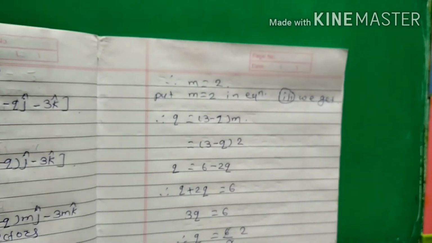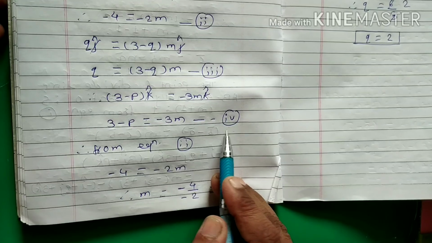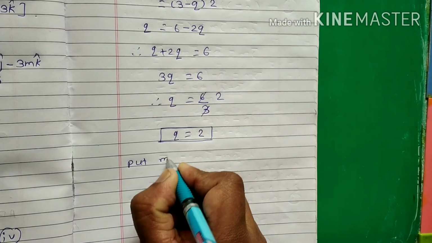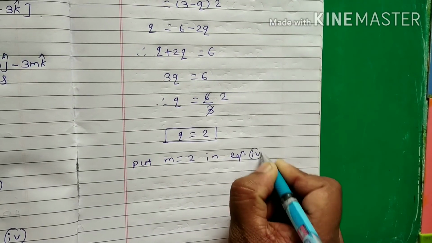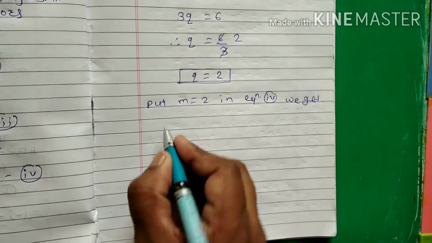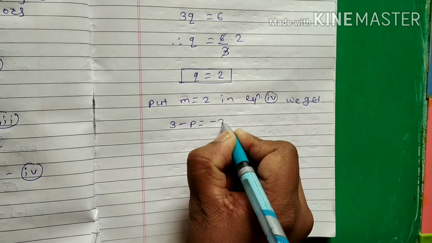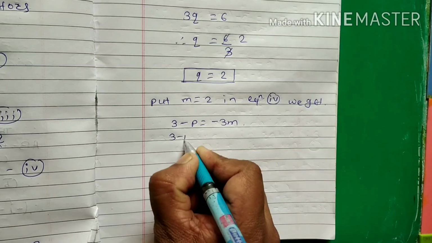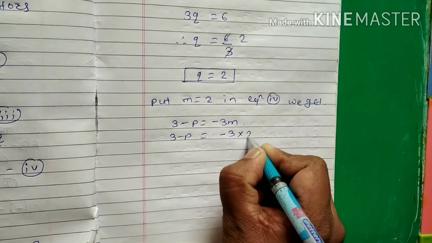Put the value of m is equal to 2 in equation number 4. Then we write equation number 4, that is 3 minus p is equal to minus 3m. Then we put 3 minus p is equal to minus 3 into 2.